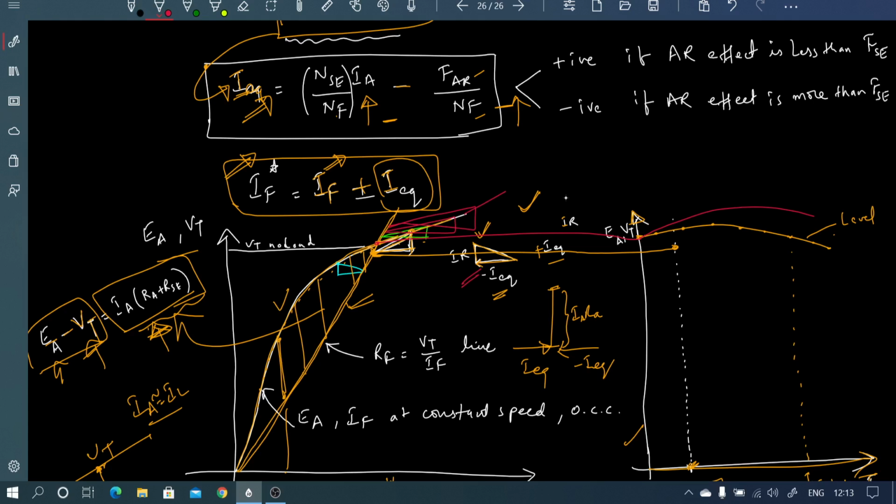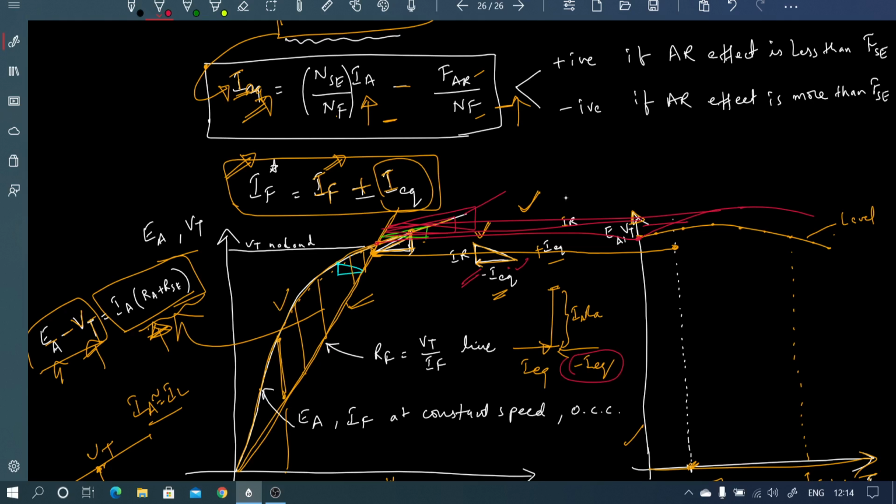That is why the corresponding terminal voltage will go above the no load voltage. But as loading further increases, the armature reaction effect and the drop effect increase. Then under that condition the I_EQ becomes negative.